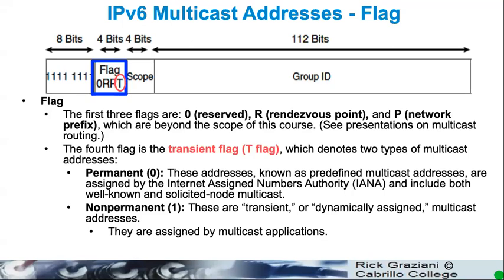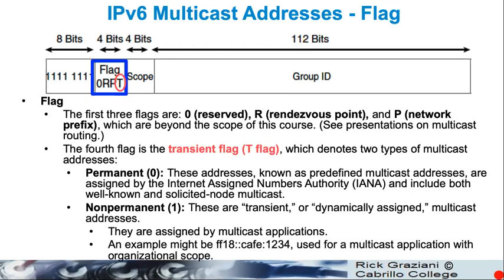But other than that, the ones that we're going to be seeing and talking about in these videos are really the permanent, well-known multicast. Also, it's a 0, permanent, for solicited node multicast.